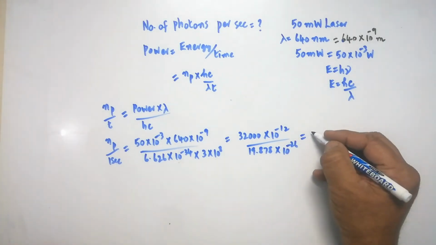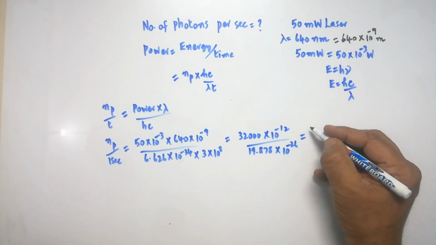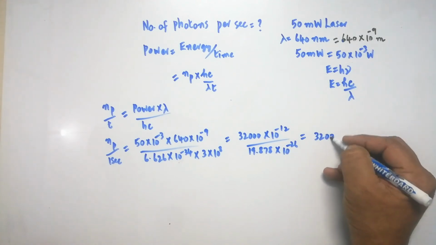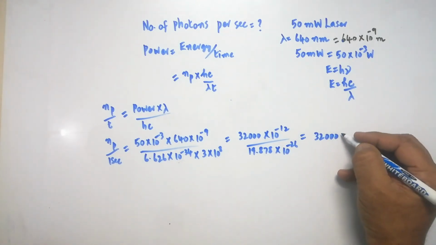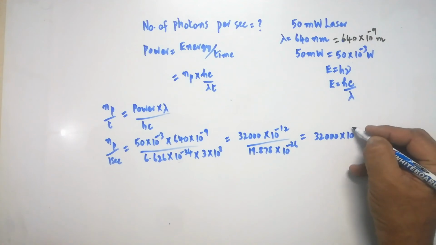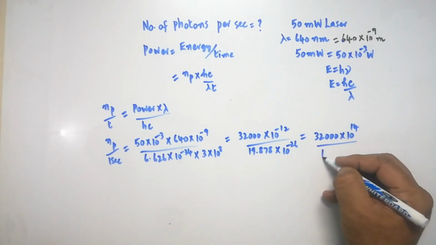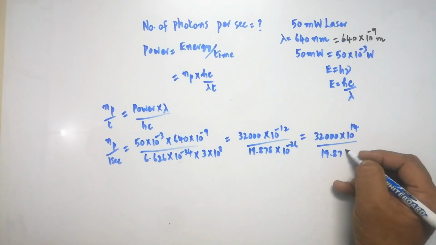After simplification, this becomes 32,000 into 10 to the power of 14 whole divided by 19.878.